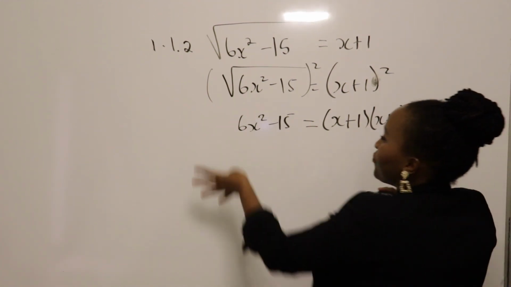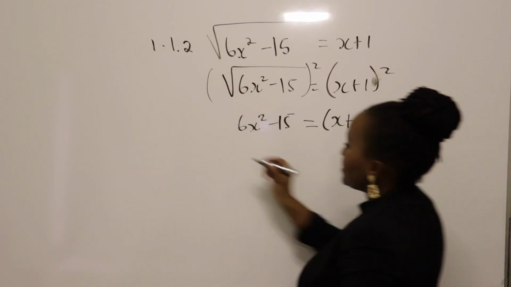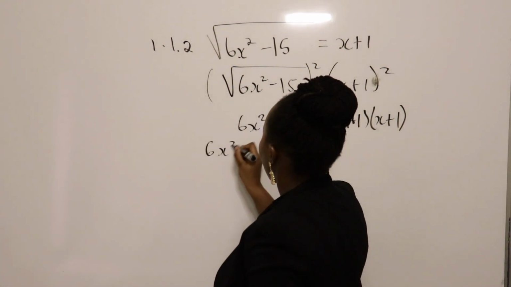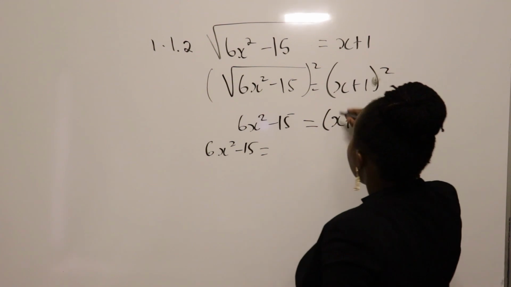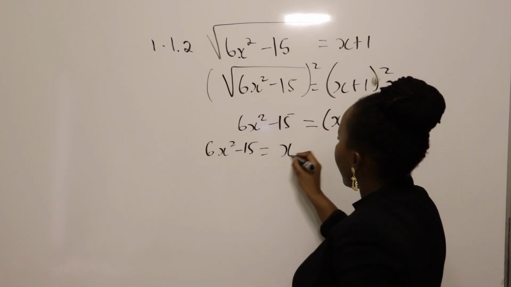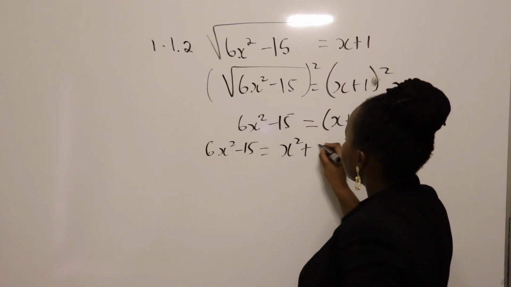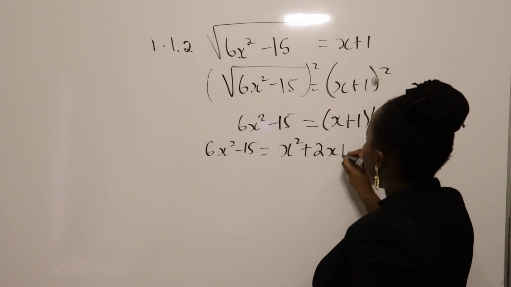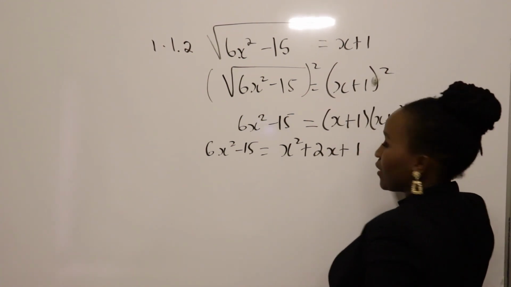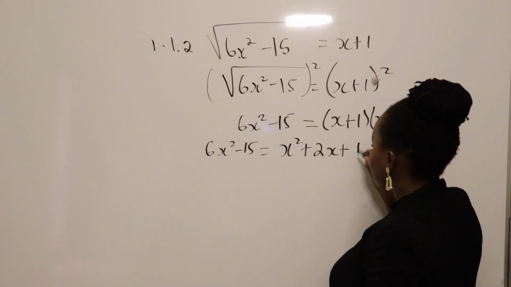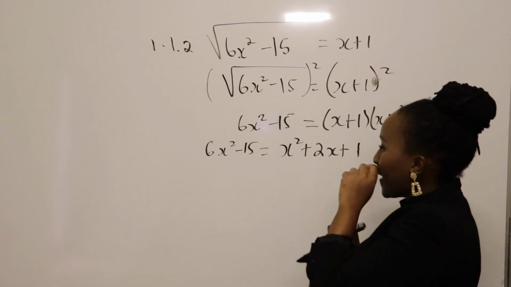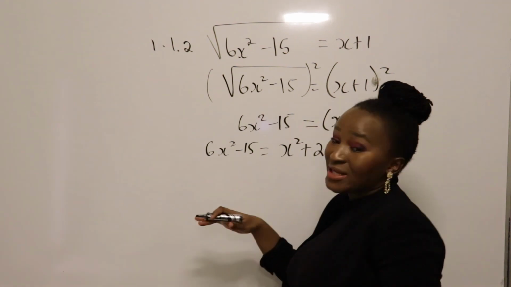So now, let me simplify this side. I have 6x squared minus 15 equal to, this, you can FOIL it out, will give you x squared plus 2x plus 1. Okay? If you know how to do the FOIL method, it should be very easy for you to expand this side. Alright, now let's subtract the like terms.